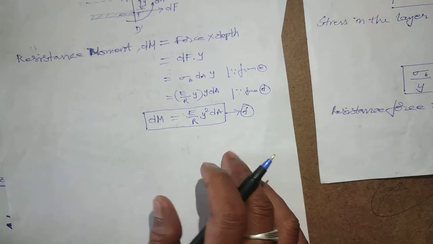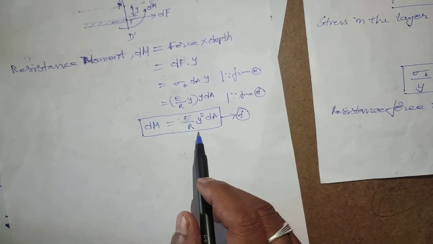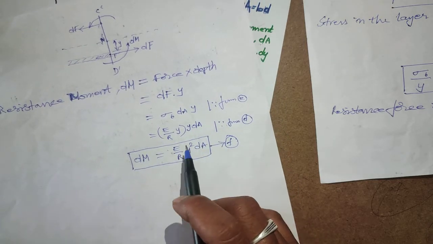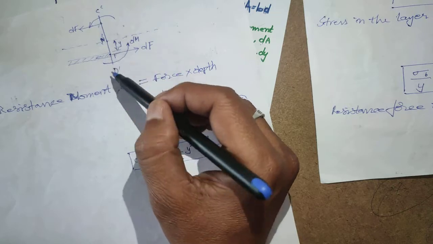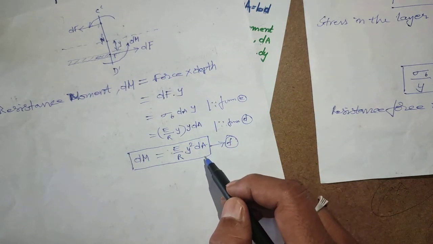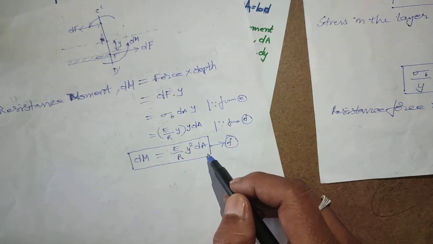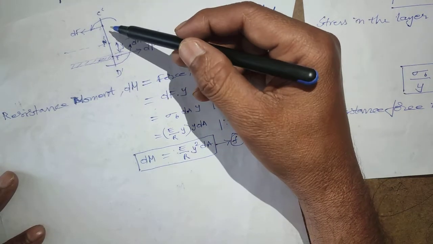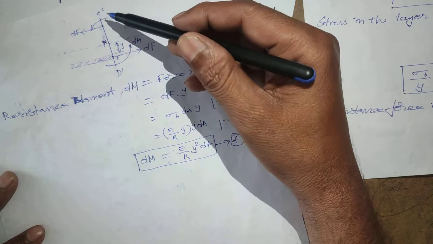So this is the resistance bending moment, or moment of resistance at any layer; we can take this equation. Then what is the total moment of resistance for the entire section?